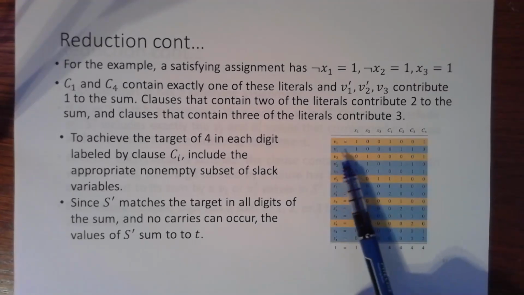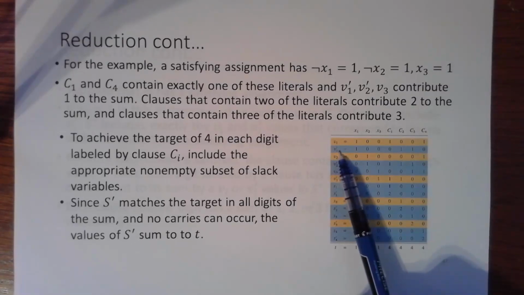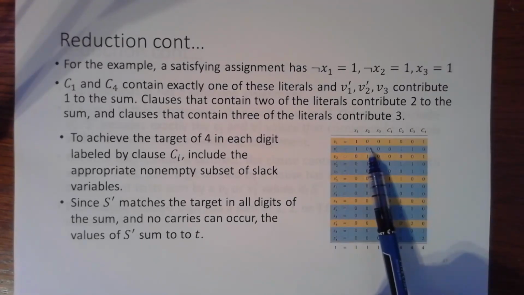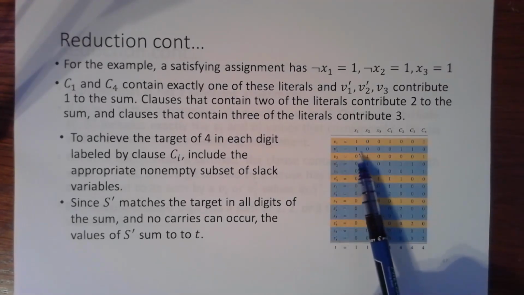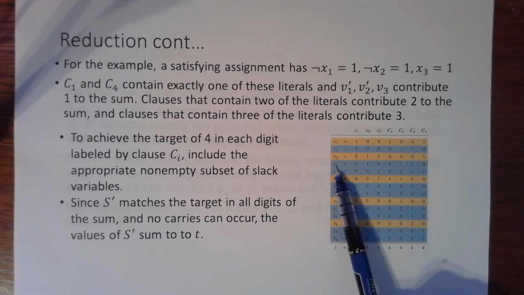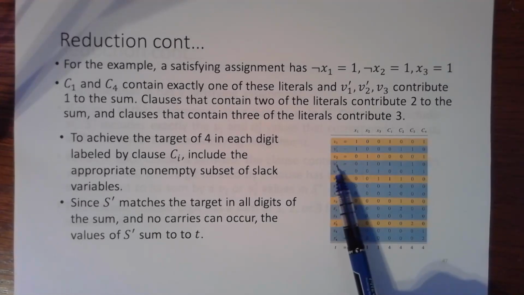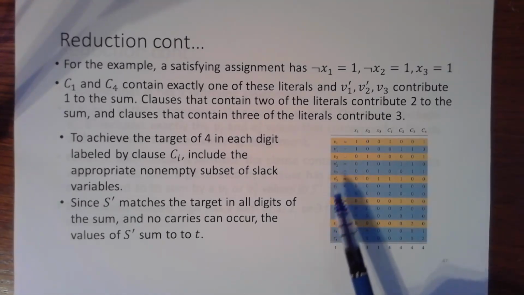So if I had a subset that added up to the target where V1 prime was chosen in my subset, then I would know that I needed to make x1 bar equal to true. And if I had V2 prime, then I would know that I needed to make x2 bar true, and so on and so forth.